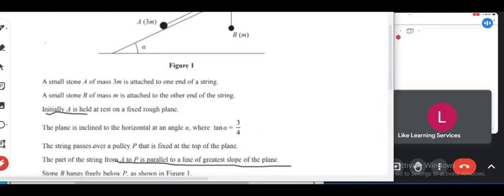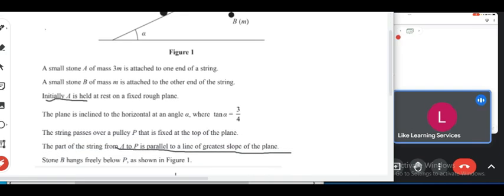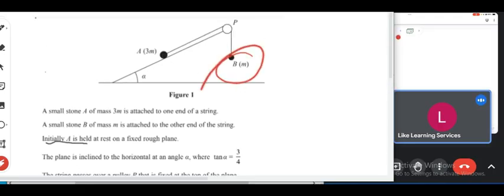The string passes over pulley P that is fixed to the top of the plane. The part of the string from A to P is parallel to a line of greatest slope. Those are just additional information. Stone B hangs freely from P as shown.